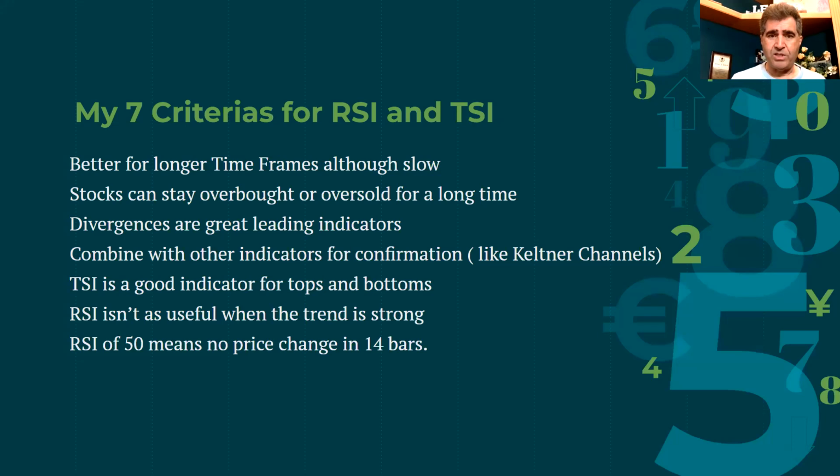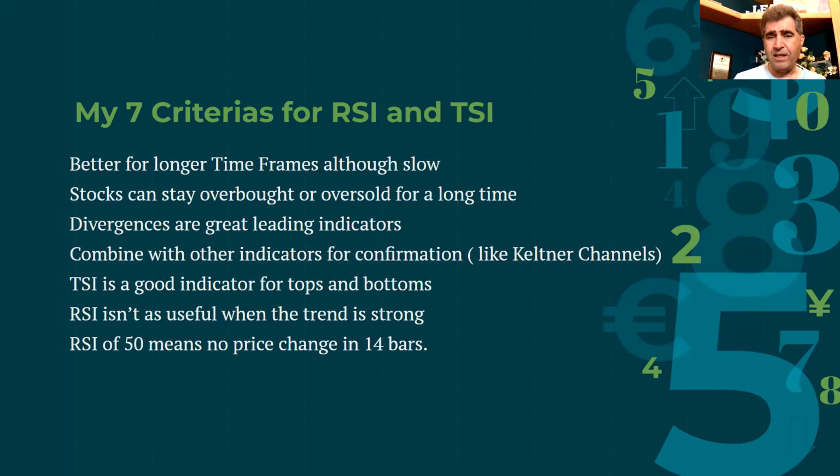It eventually corrected itself. But if you're in 1997 and RSI is at 80, you could have missed a big run on NASDAQ, for instance. So just be aware of that.